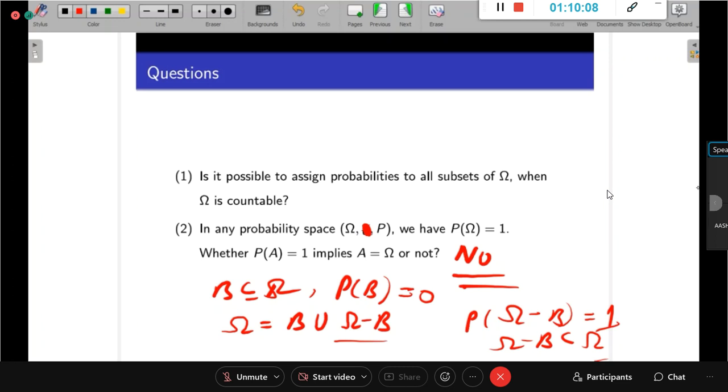Now, relations. We are considering only a countably infinite collection of events. Why are we not considering an uncountably infinite collection? See, if you recall the concept of infinite series, if it is uncountable, then you cannot write the summation.